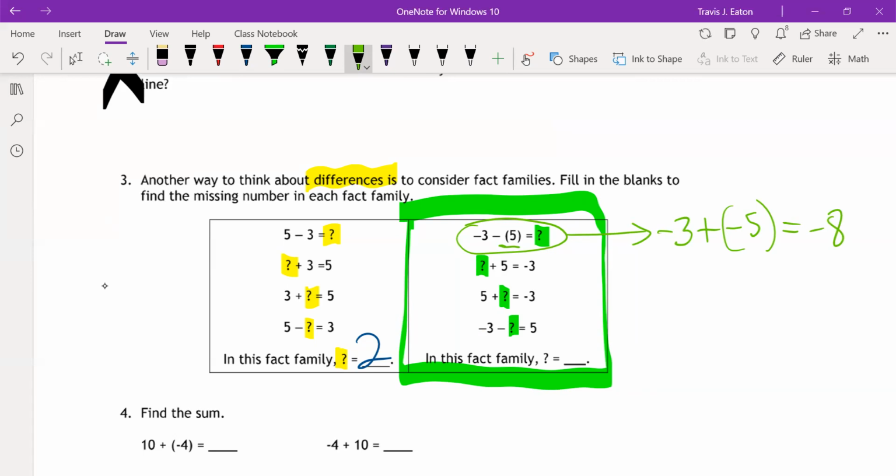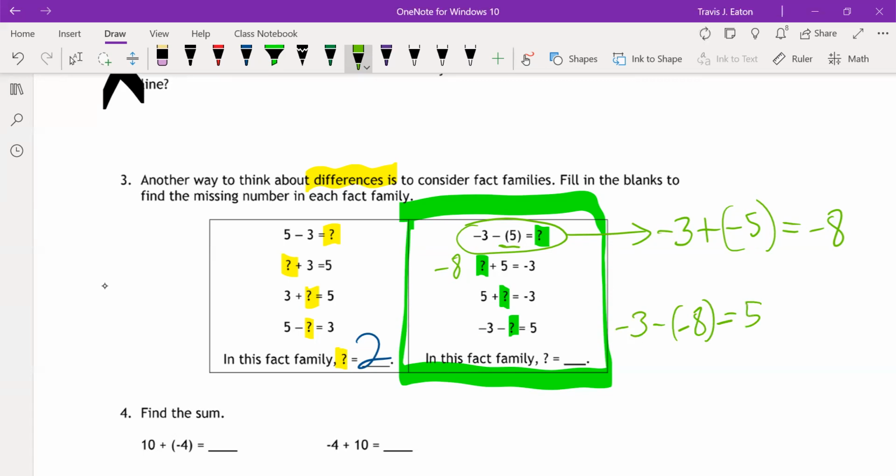Does that work for the rest of these? Is -8 plus 5 -3? It sure is. I've got 8 negatives and 5 positives. When I cancel out all those 0 pairs, I'll end up with -3. 5 plus -3 is just the same one, reversing the addition. So yes. And -3 minus -8, does that equal 5?